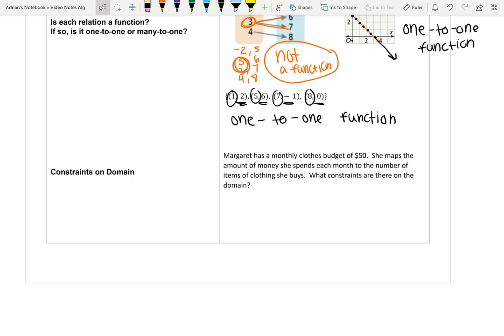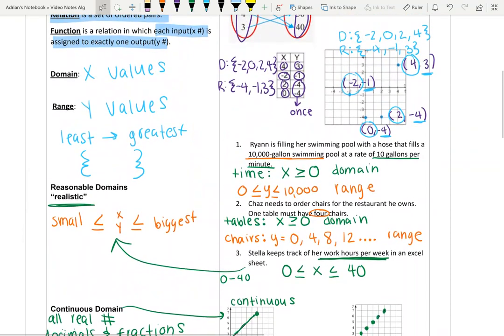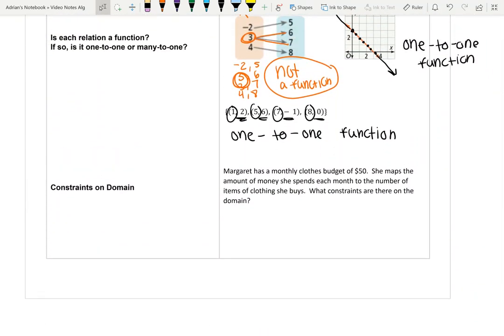So our last one is talking about constraints on domain. That's kind of like what we did right here, realistic domains. It's also kind of talking in a similar way to that. So it says that Margaret has a monthly clothes budget of $50. She's mapping her spending. What constraints are there on the domain? So this is again saying, if we're looking at our domain, what values is it allowed to take?